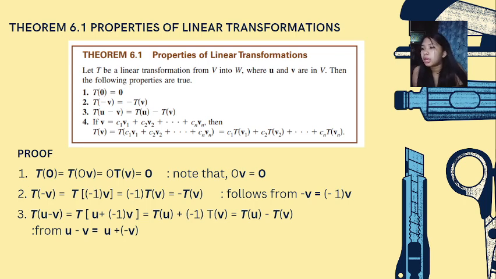That would be equal to negative 1 times the linear transformation of the vector b.